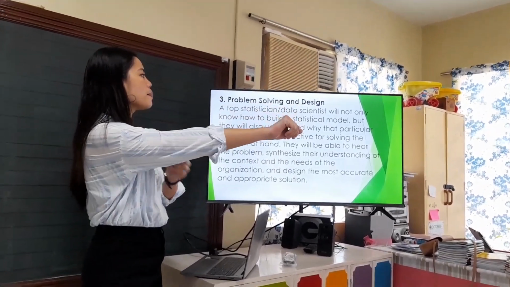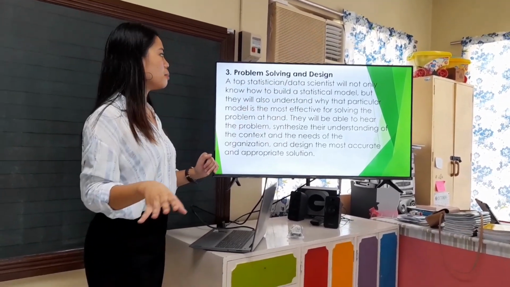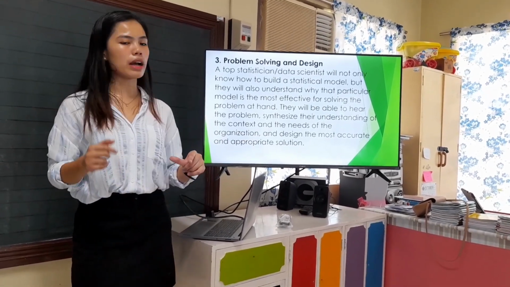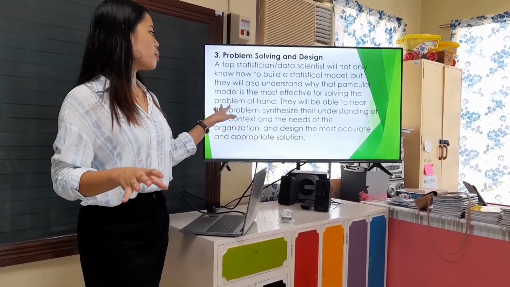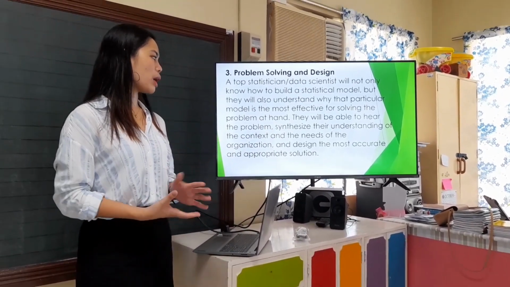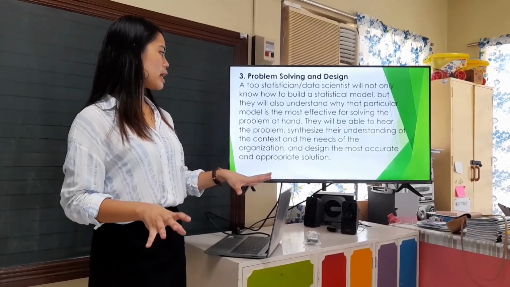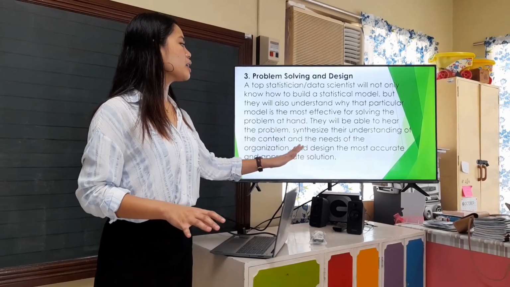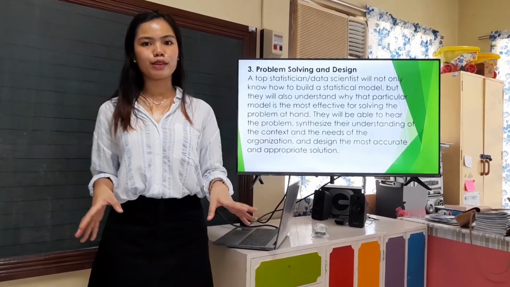But they will also understand why that particular model is the most effective for solving the problem at hand. And they will be able to hear the problem, synthesize their understanding of the context and the needs of the organization, and design the most accurate and appropriate solution.